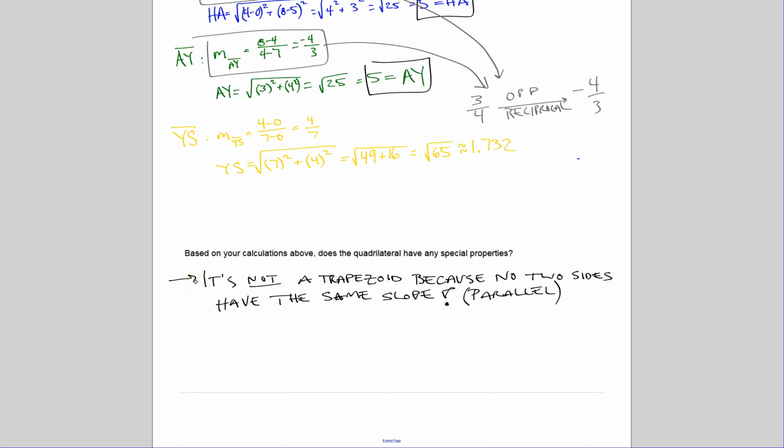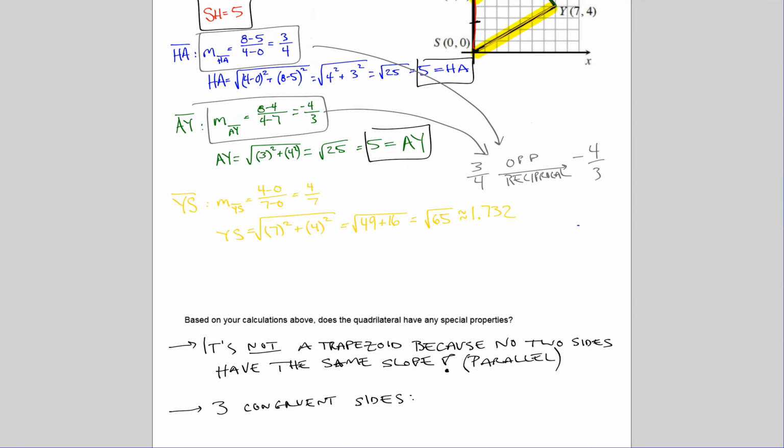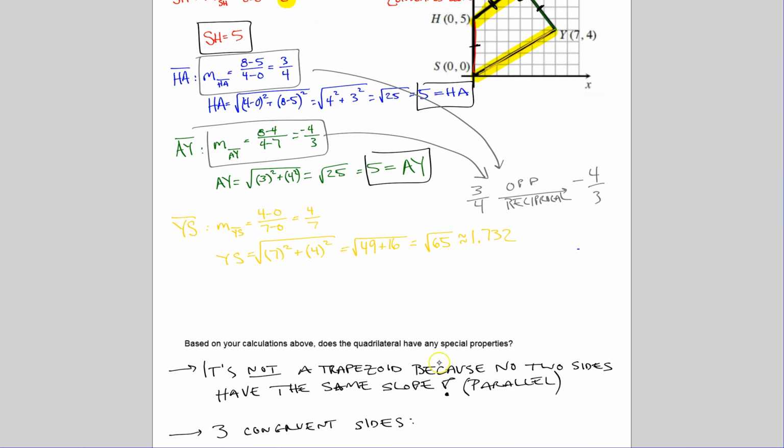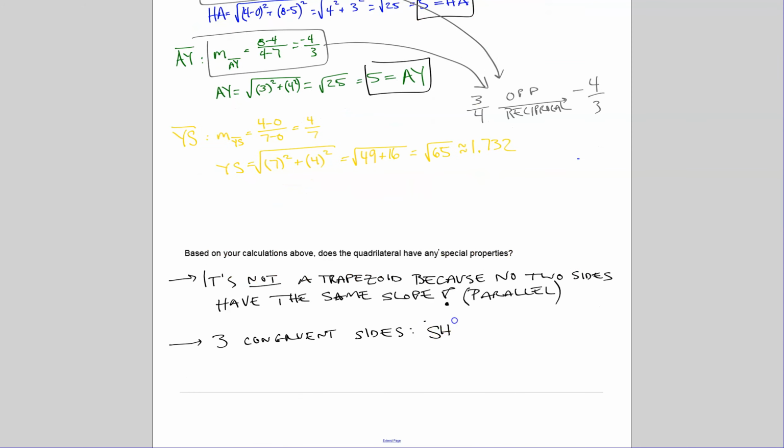Next thing I'll write is the same things we already mentioned. We have 3 congruent sides, and I'll be very formal about this. I'll write it 2 different ways. We can say that segment SH is congruent to segment HA, which is congruent to segment AY, and the reason for that is because all 3 of those lengths are 5 units.